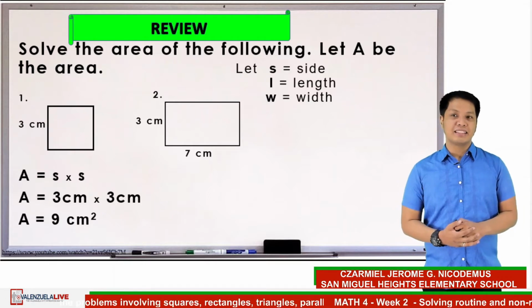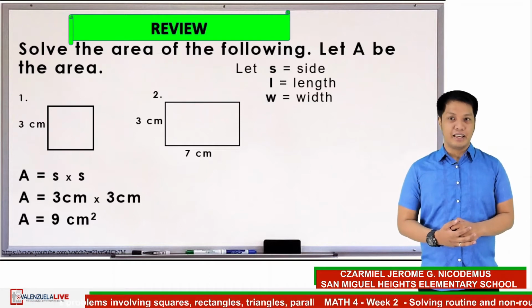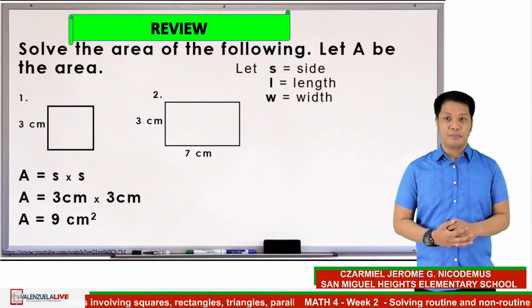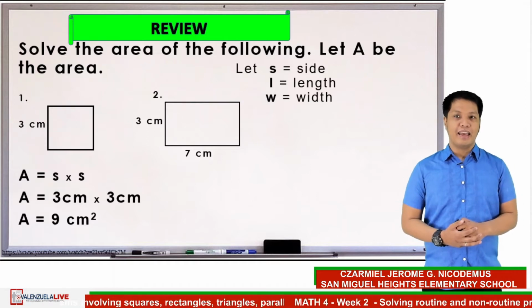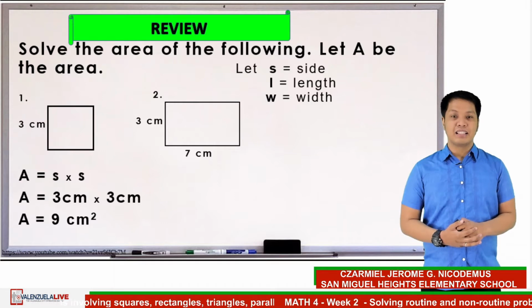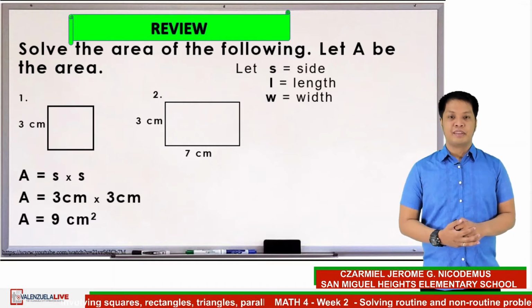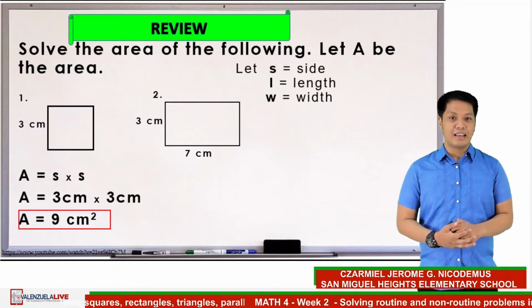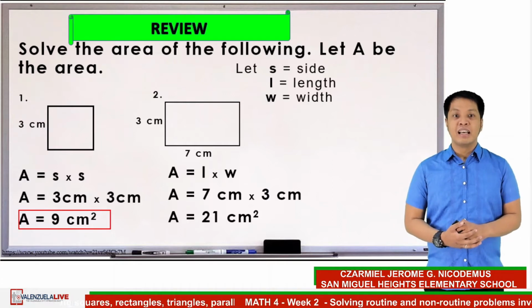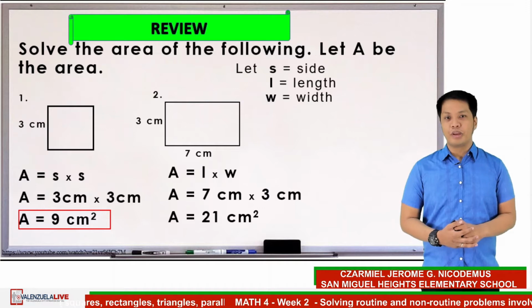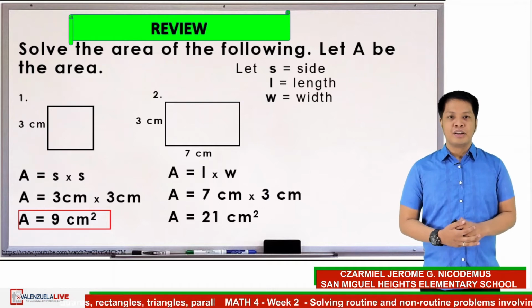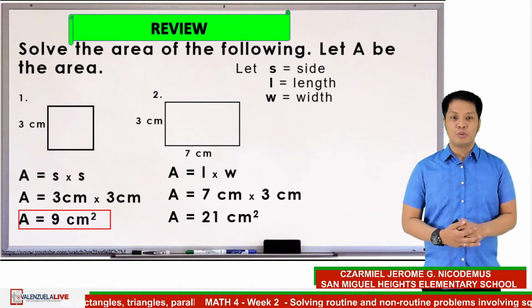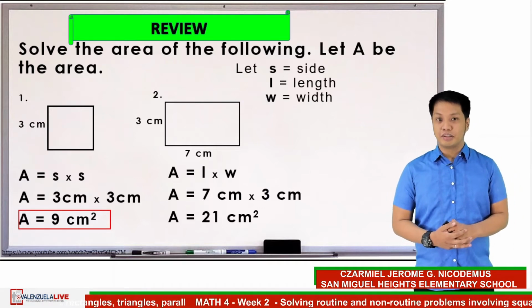So A equals S times S. A equals 3 centimeters times 3 centimeters, equals 9 centimeters squared. Number 2, the length of this rectangle is 7 centimeters and the width is 3 centimeters. So 7 centimeters times 3 centimeters is equal to 21 centimeters squared.